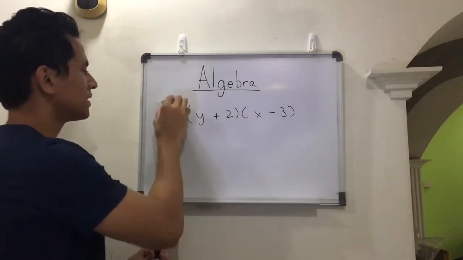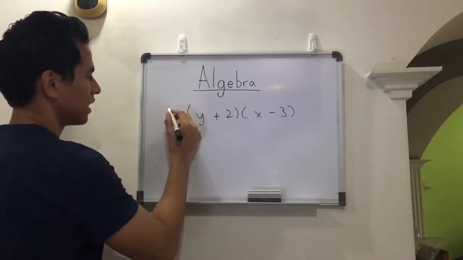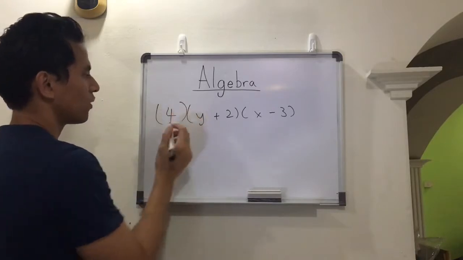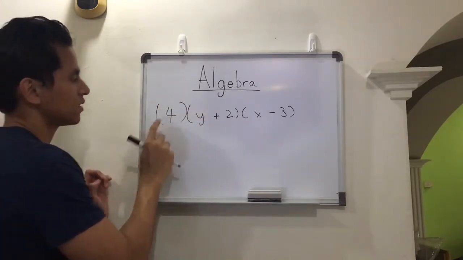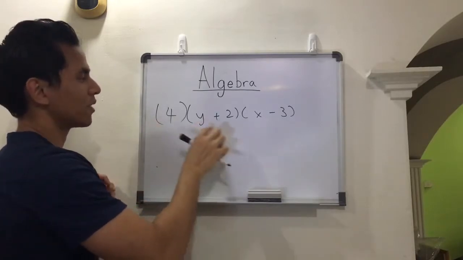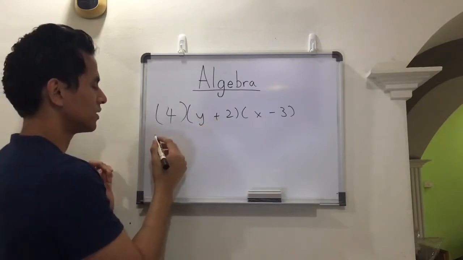Now if this 3 was instead a 4, and this 4 was in a bracket, we go from left to right, because they're all brackets, so they have the same priority. So we multiply 4 with (4y + 2).